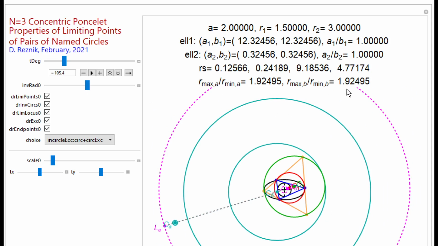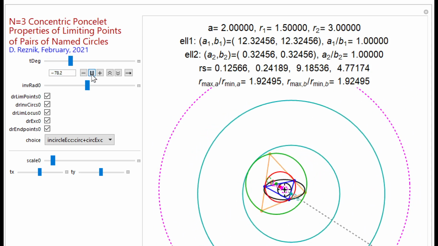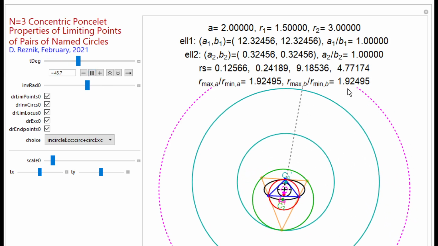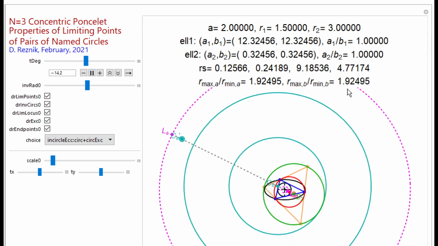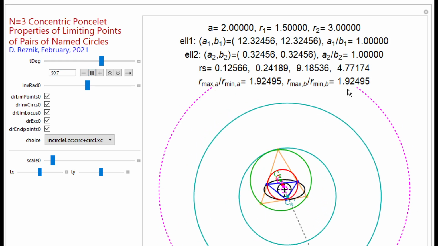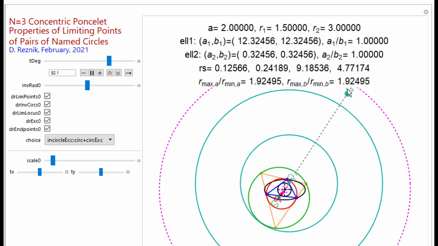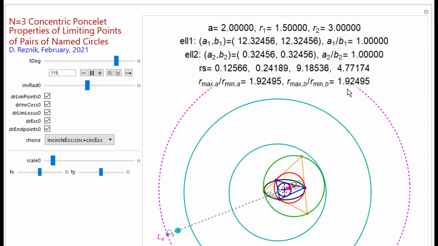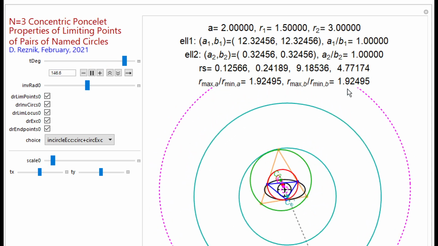But if you notice that their ratio is also conserved, the fact that these ratios are equal is a more general property of inversion with respect to limiting points. But the fact that they are conserved seems to be a property of perhaps concentric Poncelet.